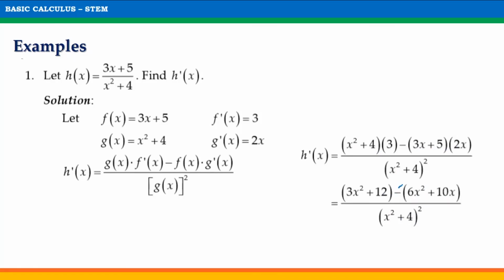Next, simplify the numerator by subtracting 6x^2 + 10x from the first binomial. We will get -3x^2 - 10x + 12 all over x^4 + 8x^2 + 16 when we simplify the denominator (x^2 + 4) quantity squared.